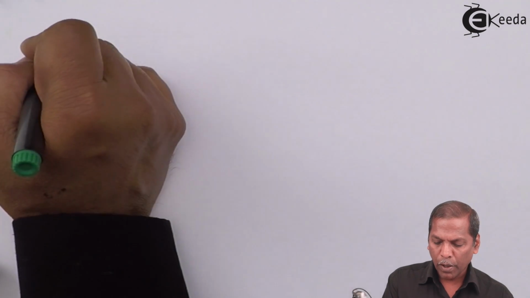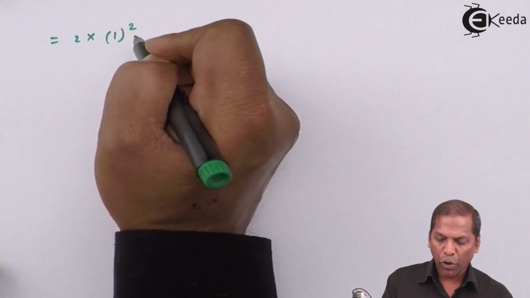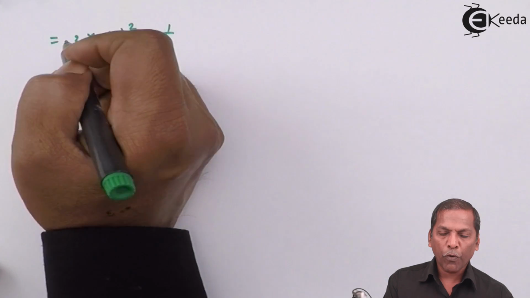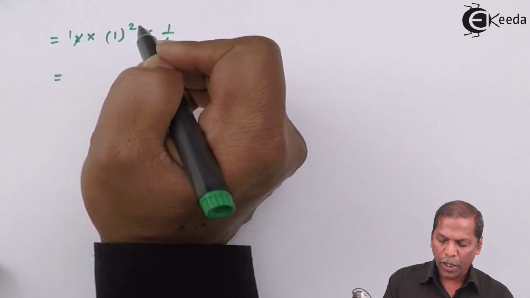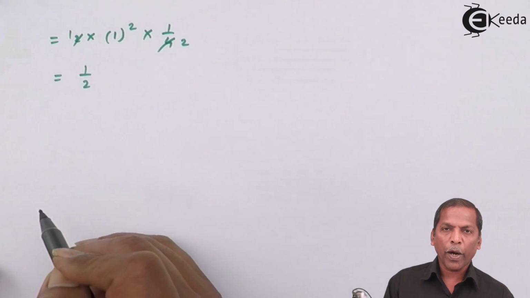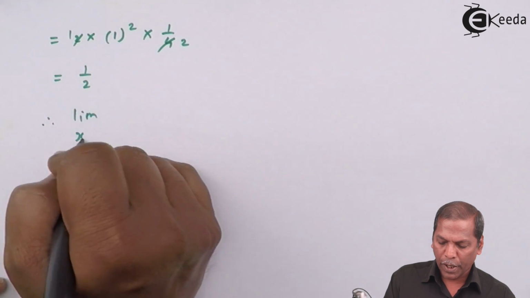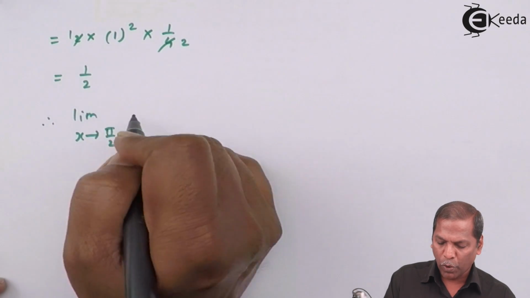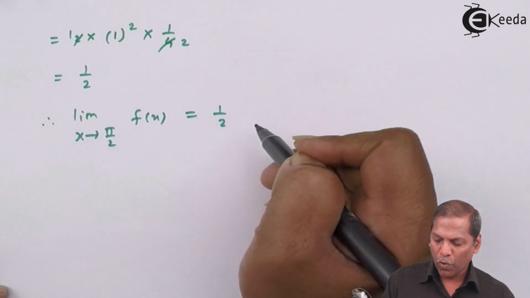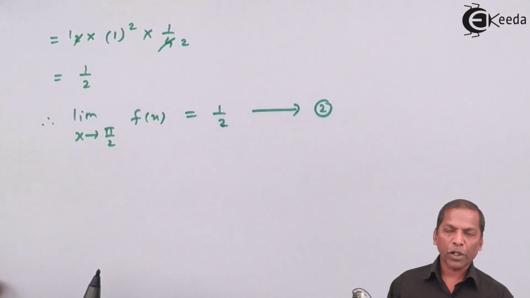So in this way we get 2 into (1) the bracket whole square into 1 by 4. Now we go for cancellation, that 2 ones are 2 and 2 twos are 4. So we get is equal to 1 by 2. So in this way, limit x tends to pi by 2 of f of x is equal to 1 by 2. Let us denote this as equation 2.